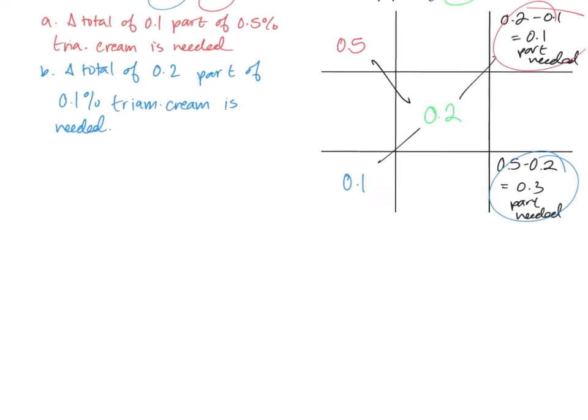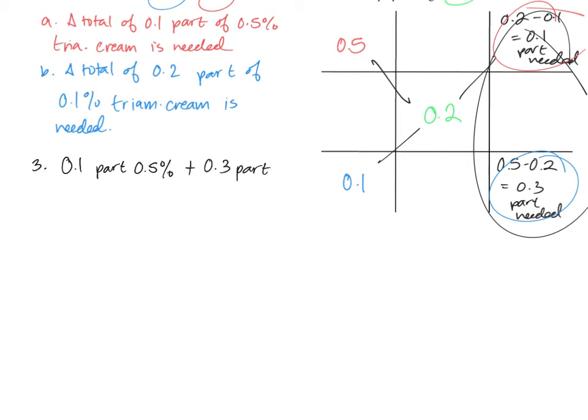All right, so let's move on to step 3. To find the total number of parts that we need, we're going to add up the parts on the side. So we have 0.1 part plus a 0.3 part. And we end up with how many parts? Well, 0.1 plus 0.3 is going to give me 0.4 parts. So we found the total number of parts that we're going to be using.